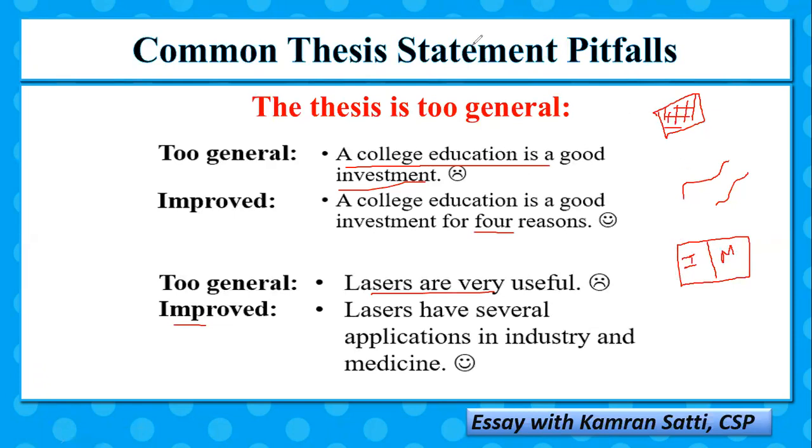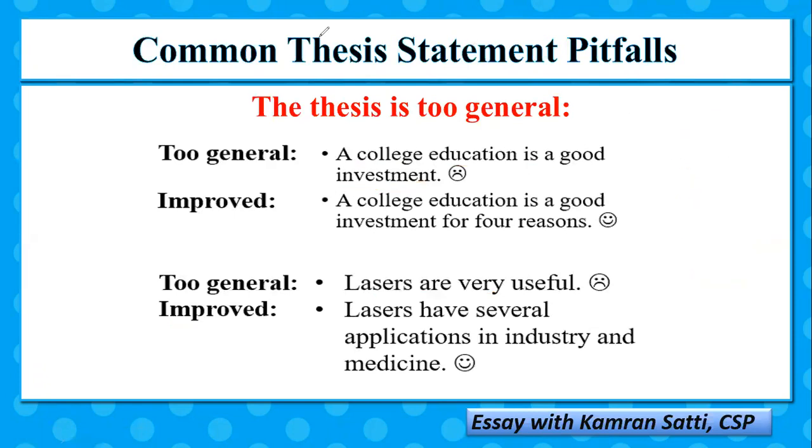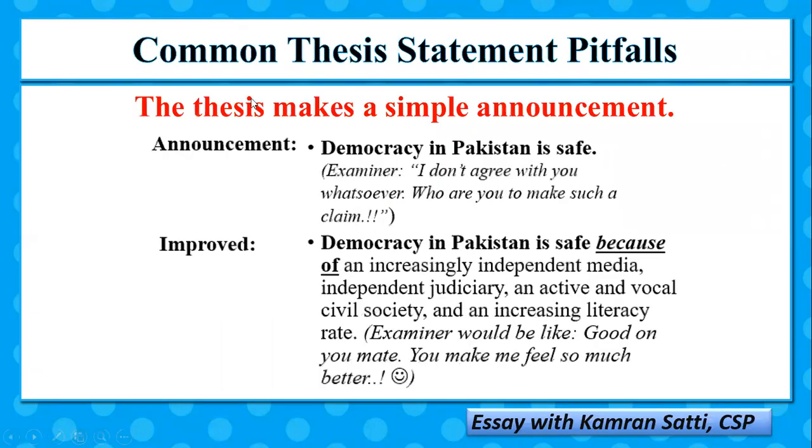Now, coming to the second mistake which students make while writing the thesis statement: they make a simple announcement. Let's suppose the topic is, once again, the same topic. Why? Because it will make it easy to follow. The main aim here is to clarify the concepts. So, democracy is no more vulnerable in Pakistan. Now, you have stated in the thesis statement that democracy in Pakistan is safe, and you haven't given the examiner anything else. The examiner might say, I don't agree with you.